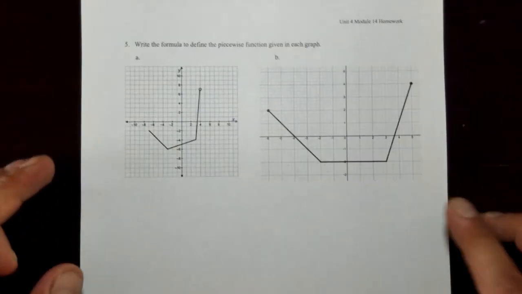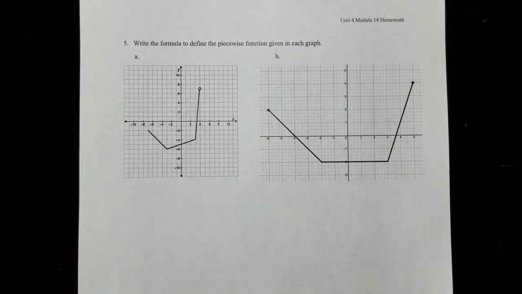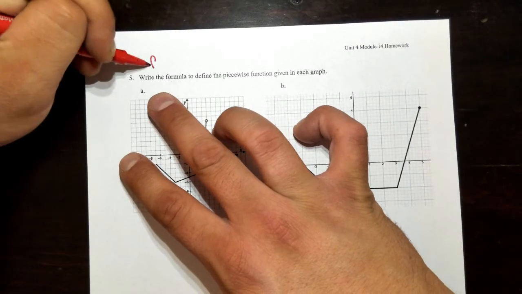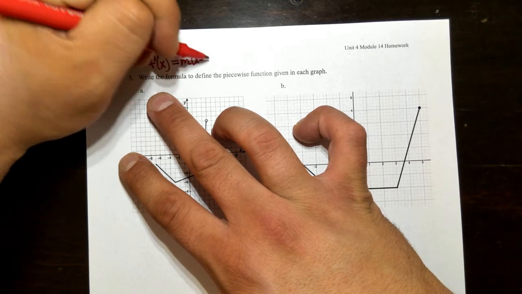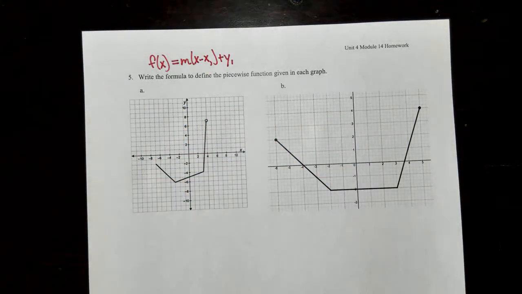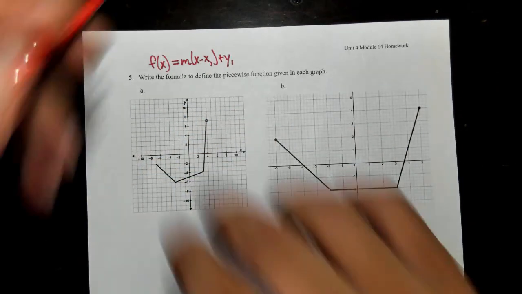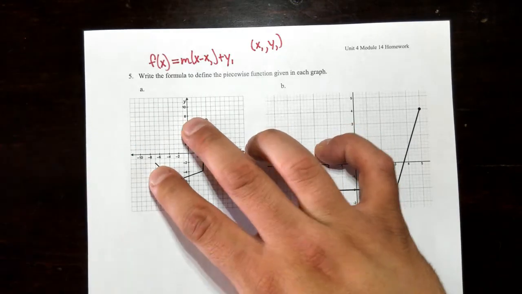Number 5 says, write the formula to define the piecewise function given in each graph. Remember what we need to create a function: we need its slope and a reference point. We can create a function by m times (x minus x1) plus y1, where (x1, y1) is our reference point and m is our slope.